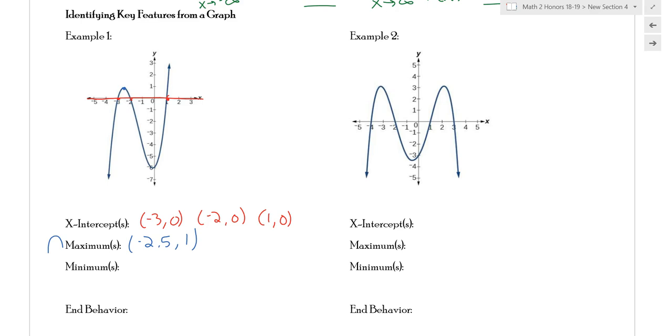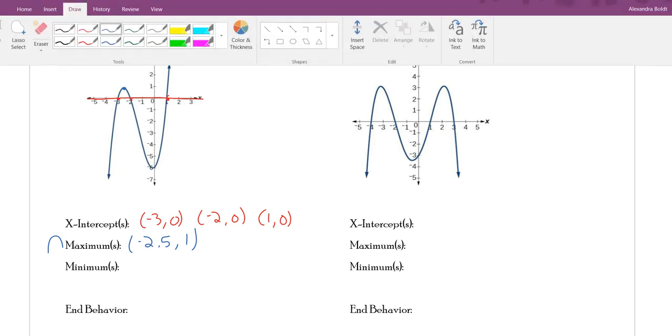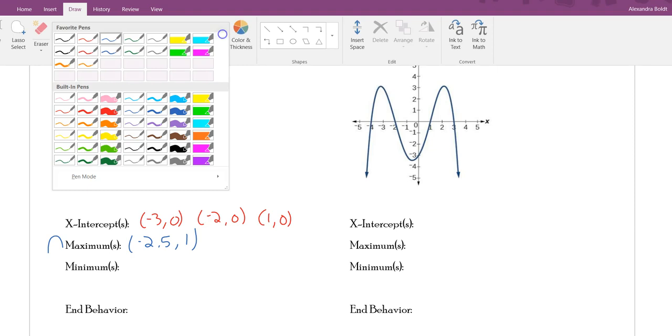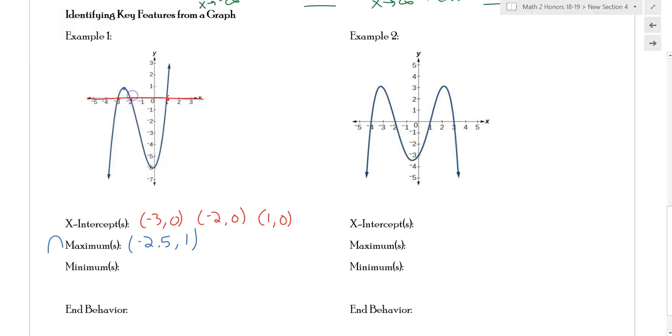And there's no other points that go like that, no other hills, as we tend to call them. And then our minimum looks like that. Here we have that. We'll round it to 0, -6. And that's it for that.